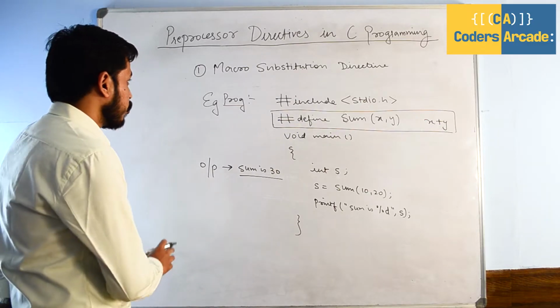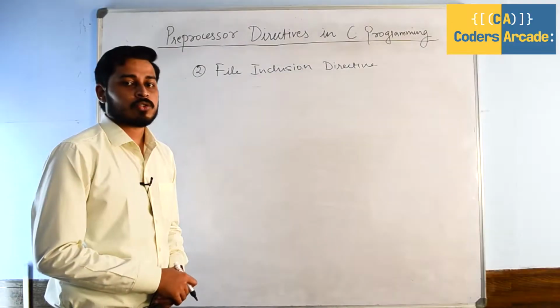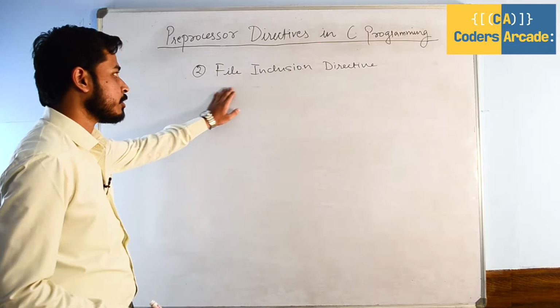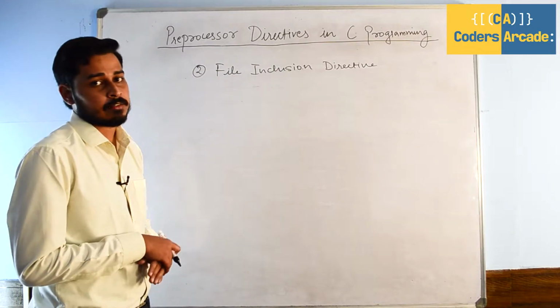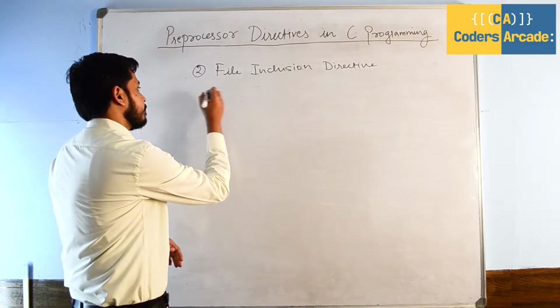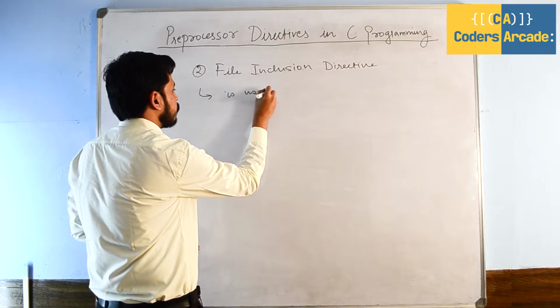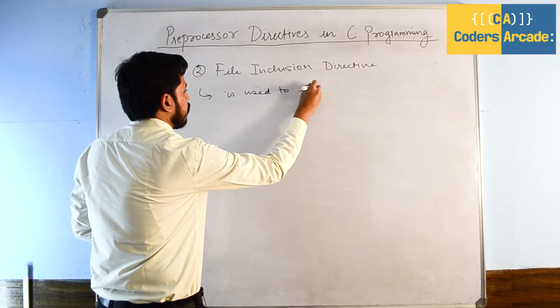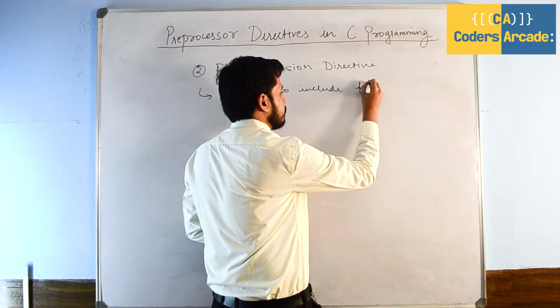Now let's move on to the other one, which is file inclusion directive. So what do you mean by file inclusion directive? As the name suggests, this directive is used to include files.